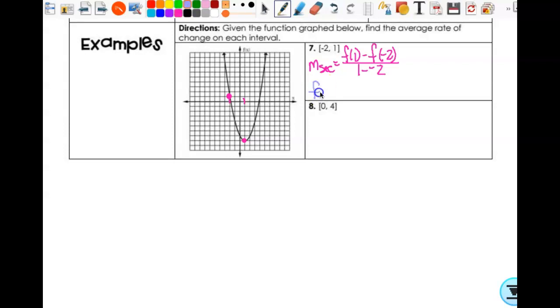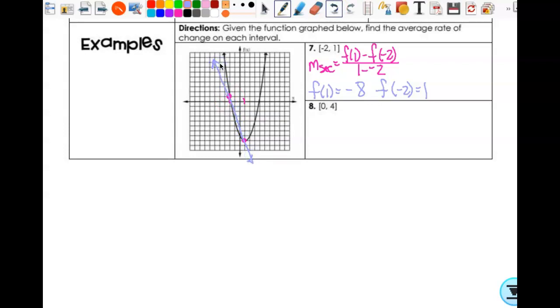So what is f of 1? Negative 8, and f of negative 2 is 1. This is, if I can draw it well, which is probably not, here's my secant line, right?